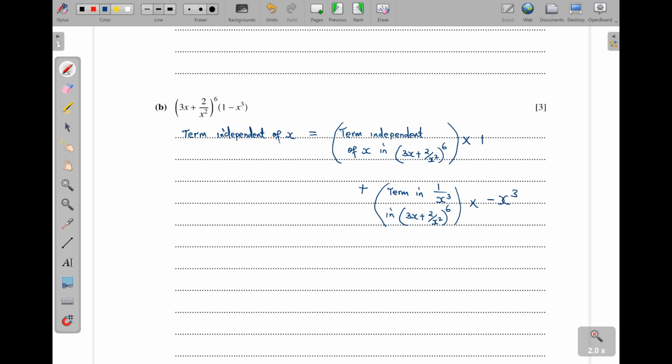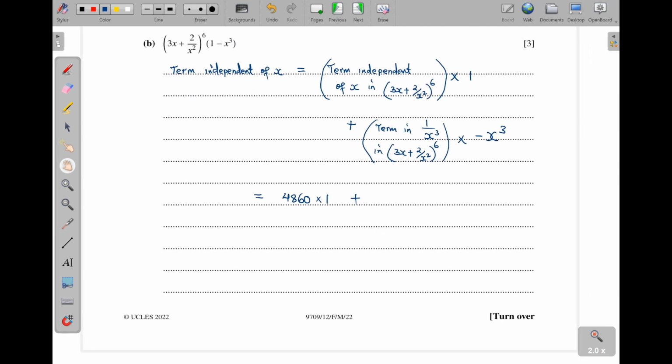Now, already the term independent of x in here is the one we got as part A. So that is 4860 times 1. Then plus the term in this one here is going to be 6, we don't know the combination what, then we have 3x and then here we have 2 over x squared.